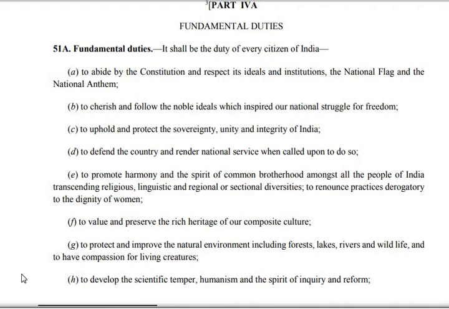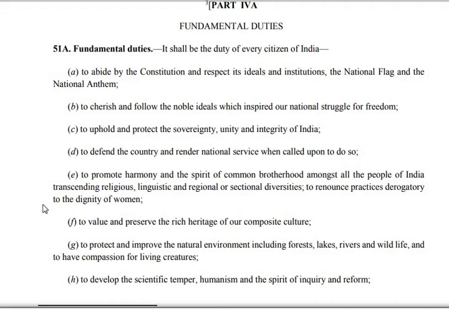For example, the Wildlife Protection Act was there even before this. So there are several laws, even though these fundamental duties were not in the Constitution. Many laws were made upon these fundamental duties only. By inserting this, we just tell the need of mentioning it in the Constitution so that people directly know that these are our fundamental duties.